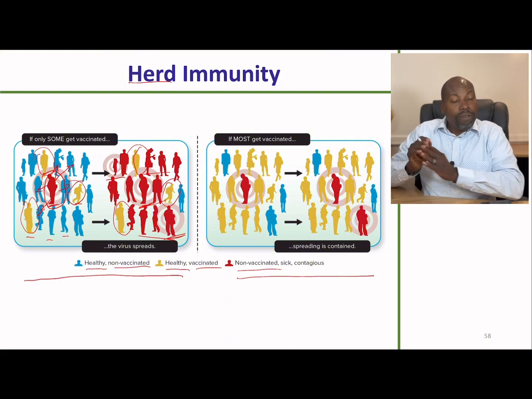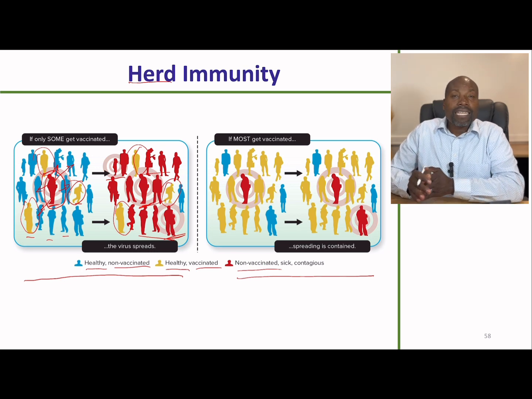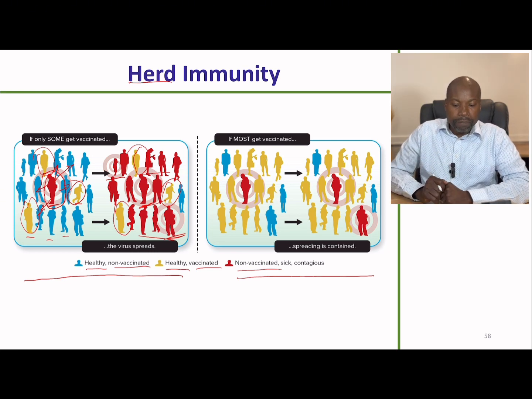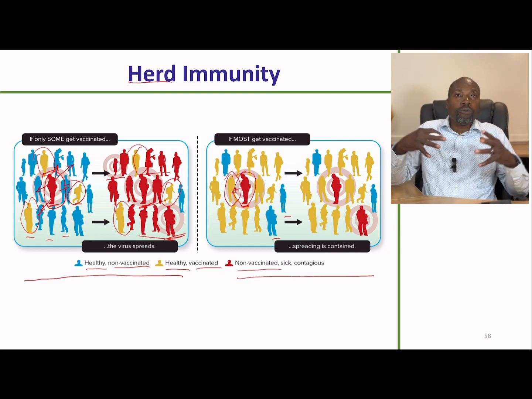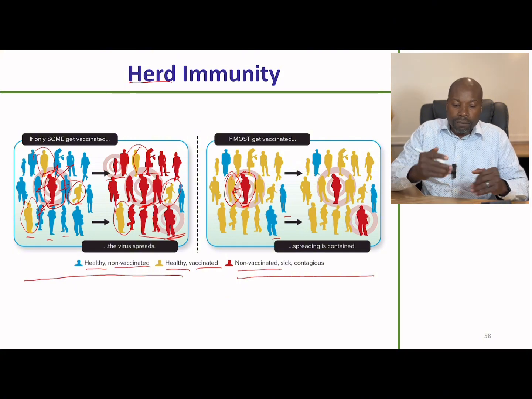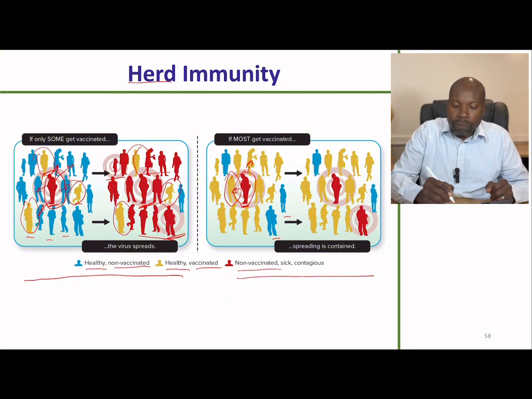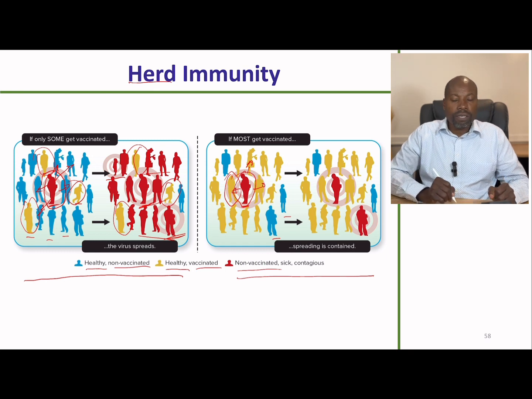Now, if we look at a population that is heavily vaccinated, well, what happens is that with one person who is sick and only a few people here who are healthy but not vaccinated, guess what? With this person who is sick, if the disease goes to this person, well, this person being immunized is going to be able to confine the infection, same as going to this person or going to this person, right?